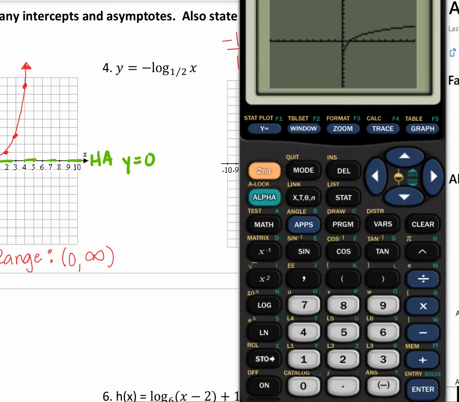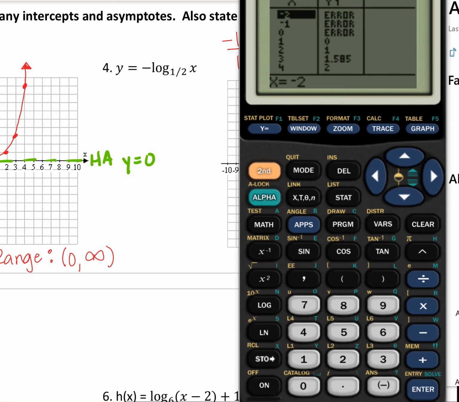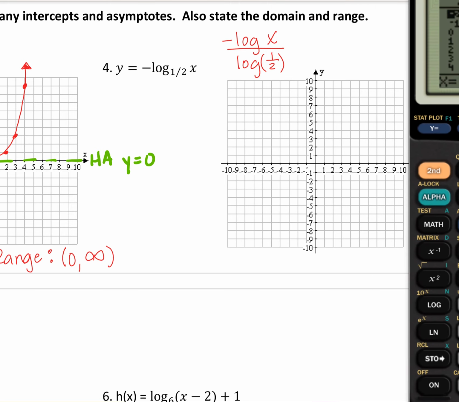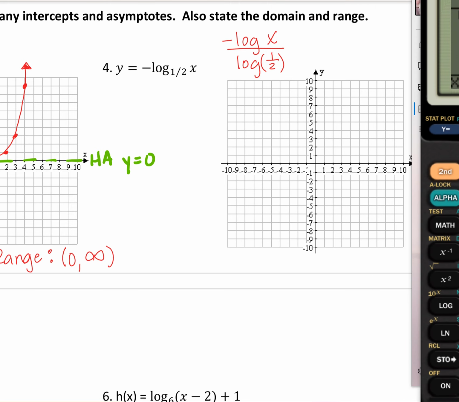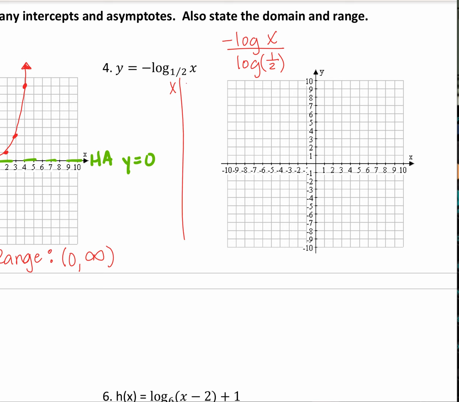All right, so we have a really good idea of what it looks like, and it looks like we have a vertical asymptote at 0, but I'm going to take a look at my table, and of course, yes, I do. So I'm going to take that to the side. We're going to do our x and our y, and we're going to look for some points.